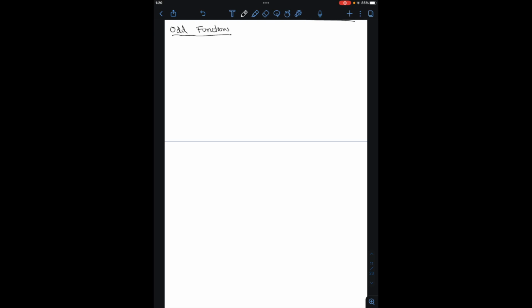Okay, now we're going to take a look at odd functions. Odd functions are defined as negative f of x being equal to f of negative x for some function f of x.